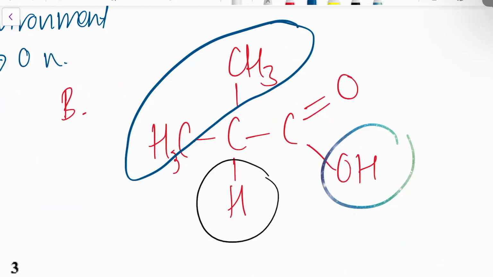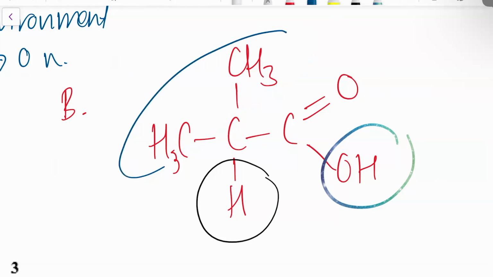You only want any hydrogens on the carbon that it's directly bonded to. You don't want to look any carbons over. 1. So these 6 hydrogens are only attached to 1 carbon, which is this one here. So you only look on that carbon to see if there are any hydrogens on it. It's bonded to this 1 hydrogen, so that 1 hydrogen is a neighbor.